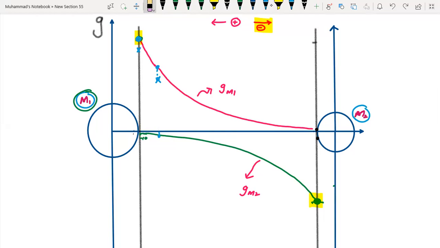At this point, resultant will be 0. So now I can sketch the graph of the resultant. The resultant will vary in this way.